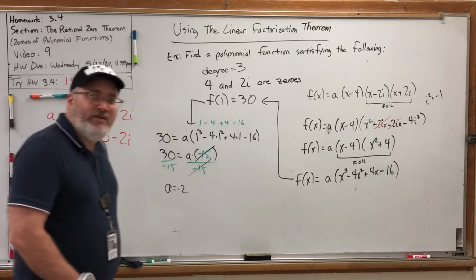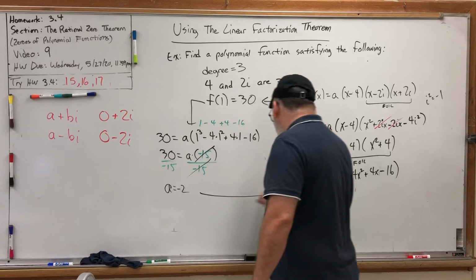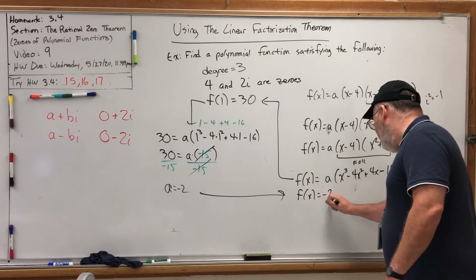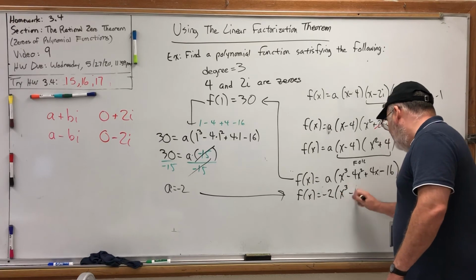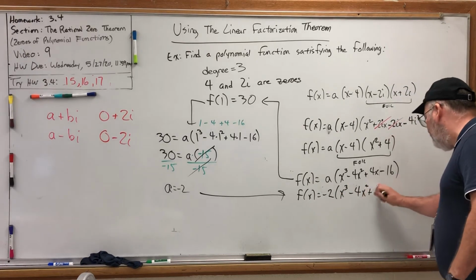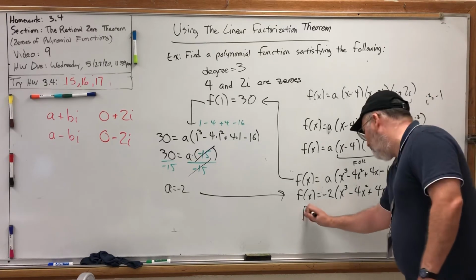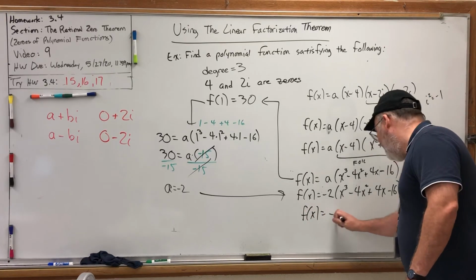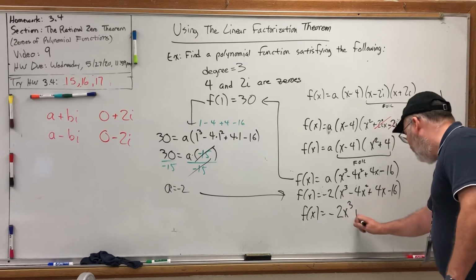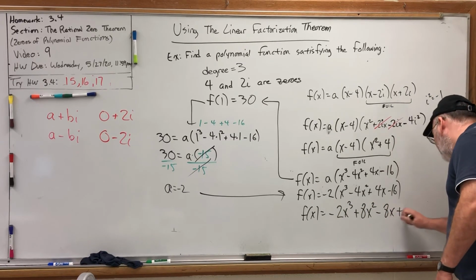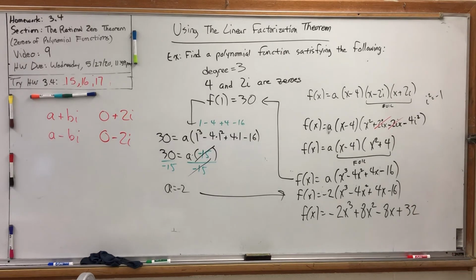So we found the missing piece of the function. So now we can take that and put it back over here and say f of x equals negative 2 times x cubed minus 4x squared plus 4x minus 16. And finally, we can distribute and get negative 2x cubed plus 8x squared minus 8x plus 32. And there's our function.